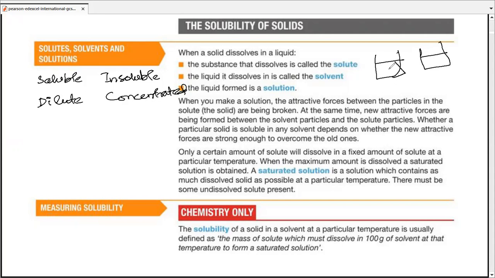Let's say we have water, and in both the beakers, the water is 100 cubic centimeter, right? So it means we have the same amount of the solvent. Let's say we have 1 tablespoon of salt in one. I'm going with very easy terms. And we have used 2 tablespoons of salt in the other one, right?